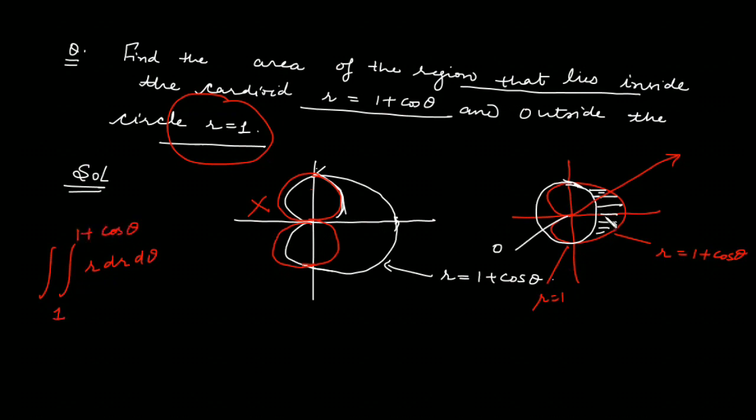And the angle goes from minus pi by 2 to plus pi by 2, from here to here. So the value of theta is minus pi by 2 to plus pi by 2. First evaluate this integral, substitute the limits, and then evaluate the other integral with respect to theta.